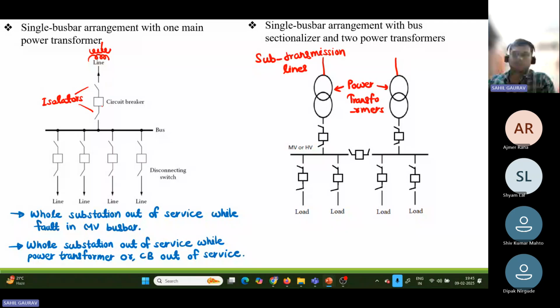In this case we have two power transformers, and operating them in parallel needs additional control logic.